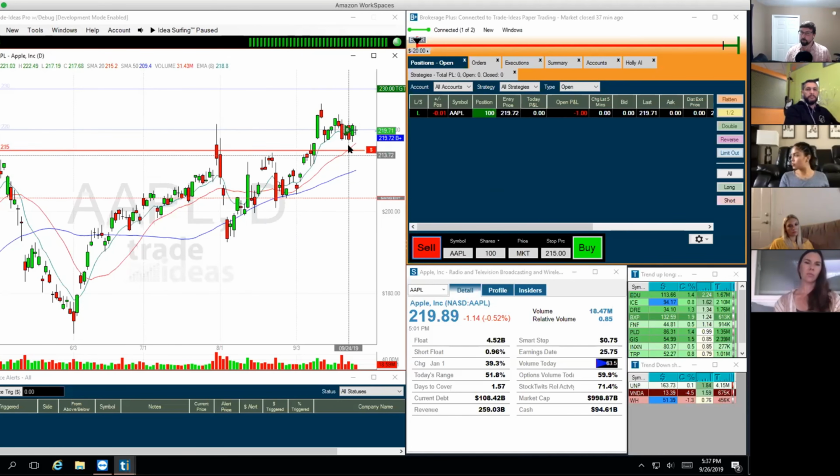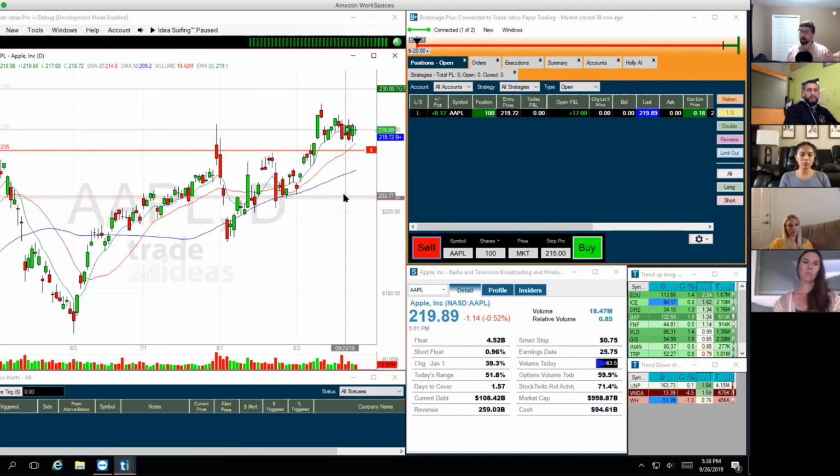So what Apple will do here is when that price is reached, it just sends out a market order to sell. Whereas the stop limit would send out that order to say, I'm only willing to pay this much, right? Whereas the stop loss says, I'm willing to pay anything because this is the area that I've determined that I'm wrong. So I just want to send out the order and be done with it.